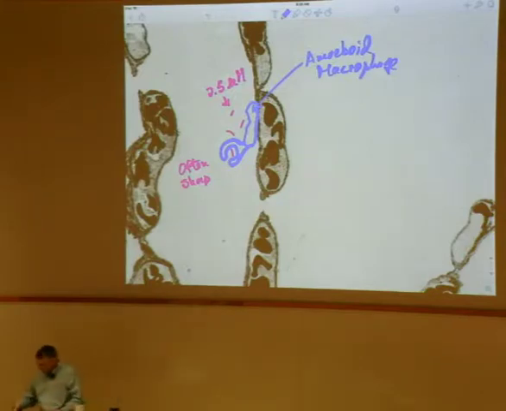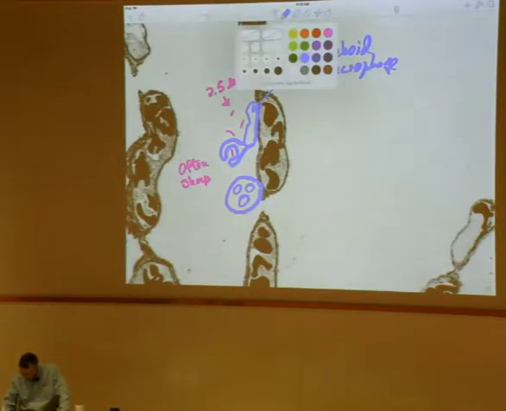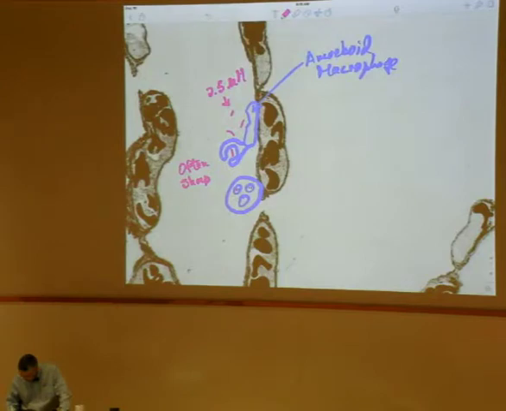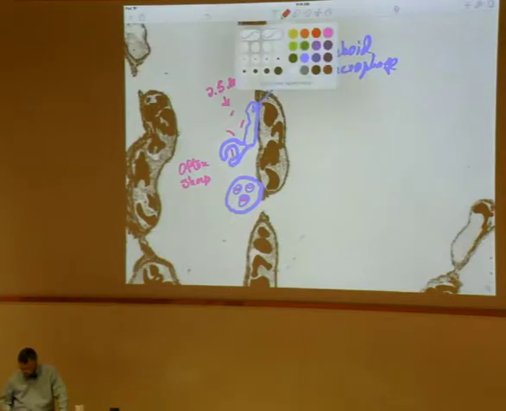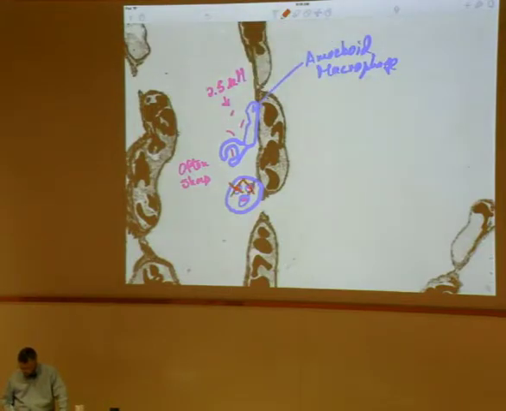And so what happens is you get macrophages that have ingested these particles but can't break them down and sometimes are toxic. And they die.